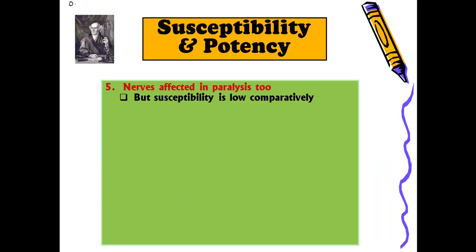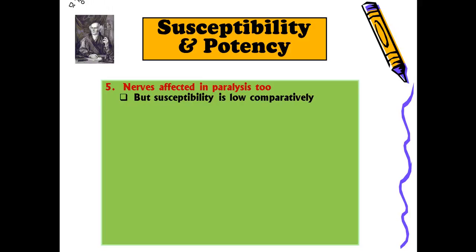Then we continue. Next premise: nerves are affected in paralysis also. See, nerves can be in high tone, strong, and there is nerve paralysis also. In paralysis, the continuity is broken, there is injury, but susceptibility is low here.